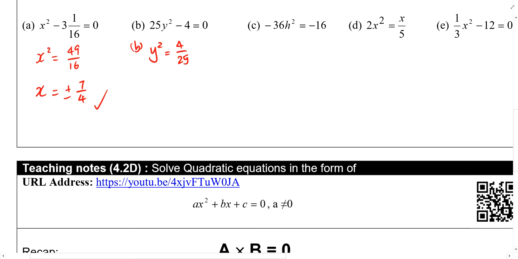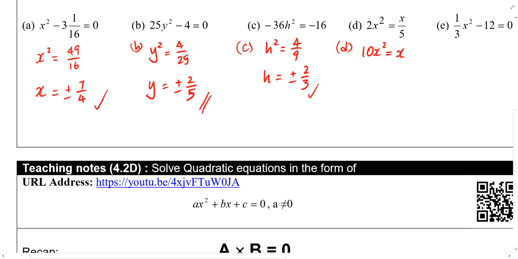You skip a few steps, but you still got the correct answer. Therefore, y equals 2 or 5. Good. Part C. H squared equals to? Wow, you skip even more steps. Okay, then H equals to? Okay, good.